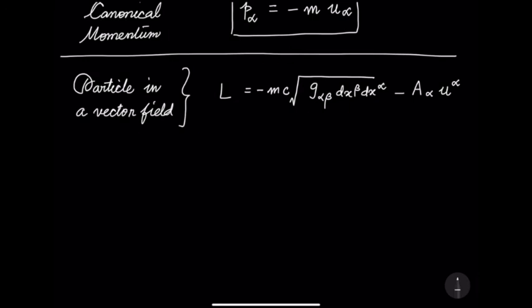A alpha can be a function of the coordinates. Okay, so this is the case. This essentially is the Lagrangian for a particle moving in an electromagnetic field. The components of the A alpha upstairs are the components of the 4 vectors, 4 potentials, sorry.